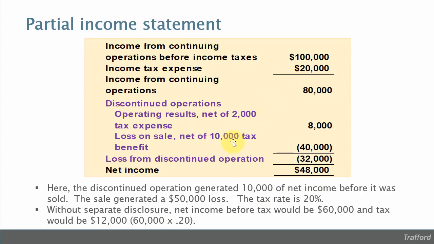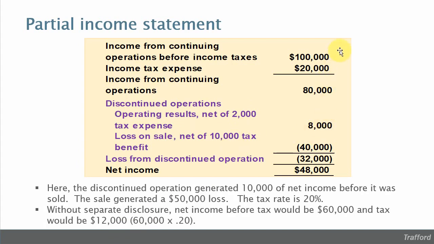Think of it as like a tax refund or negative tax expense. So $20,000 plus $2,000 minus $10,000 gets us to our overall tax expense of $12,000. But that $12,000 of tax expense has been allocated to our two sections of the income statement, $20,000 up here and $8,000 down here, between the $2,000 of expense and the $10,000 of the benefit.